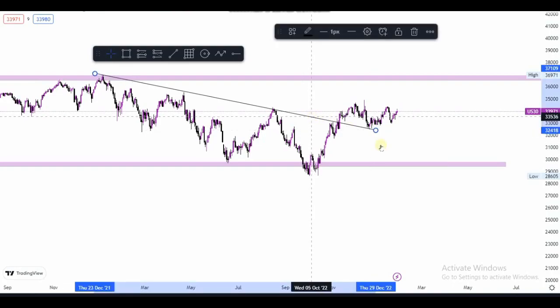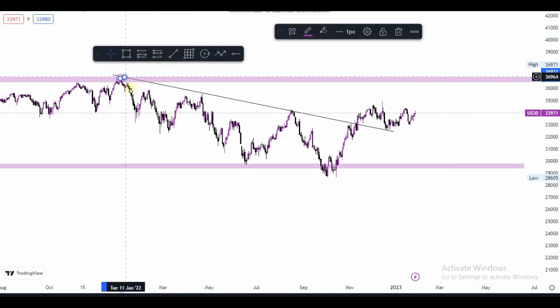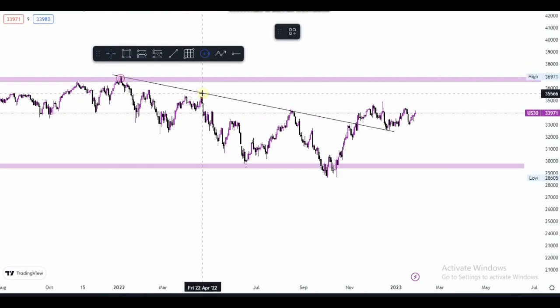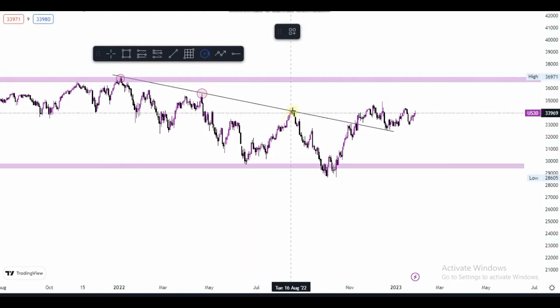We just place it there. So as I was saying, guys, this is our first touch. Once the market touched there, we went down, and then this is our second touch, and this is our third touch.